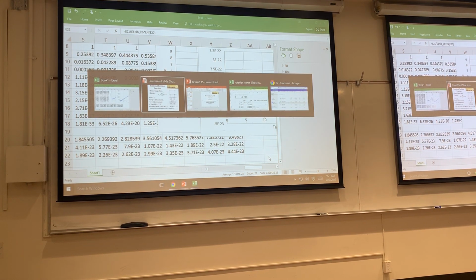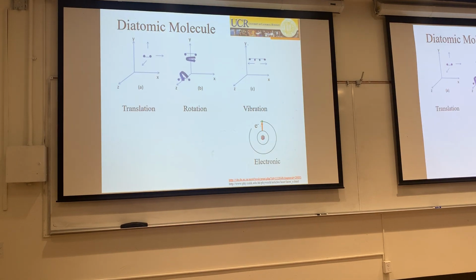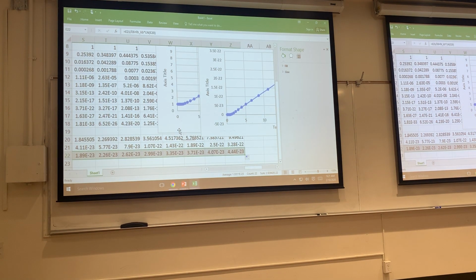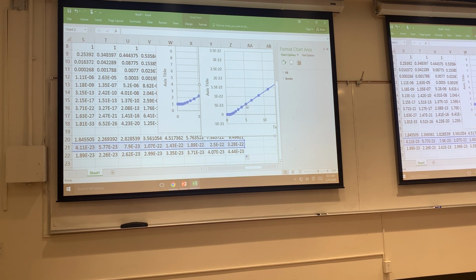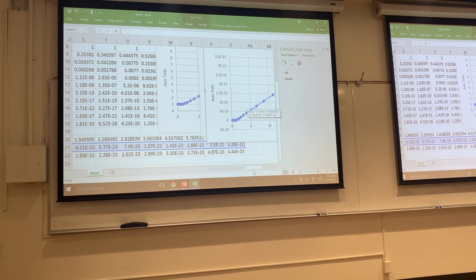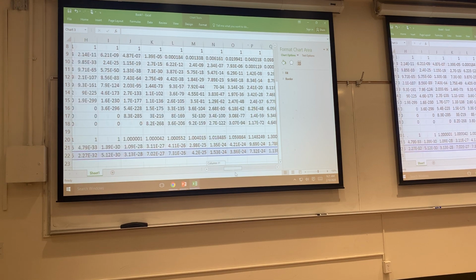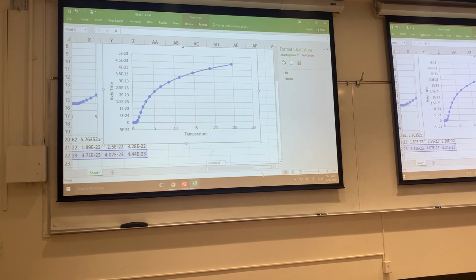You know that from here. Okay. So we have the entropy of the system, so we can plot the entropy of the system. Okay, there's the entropy of the system.